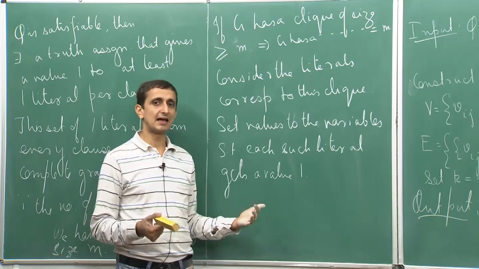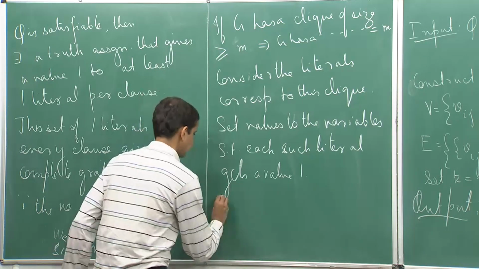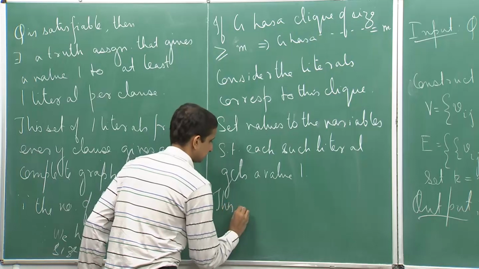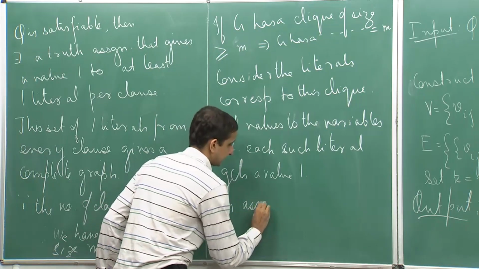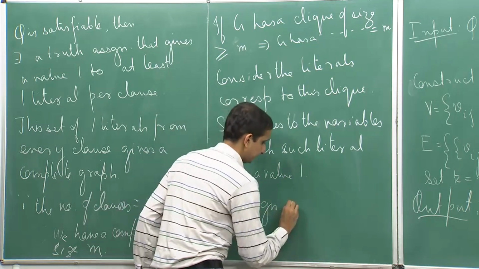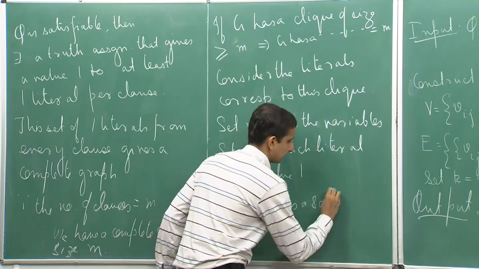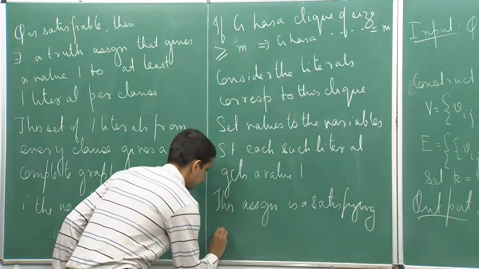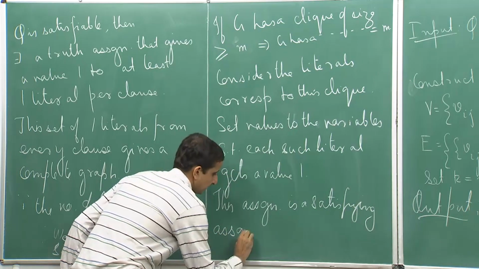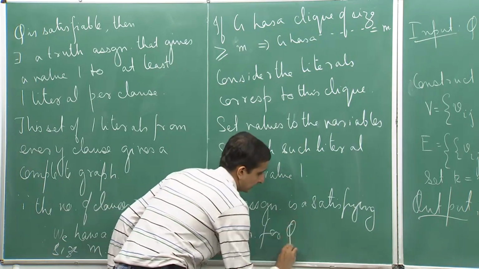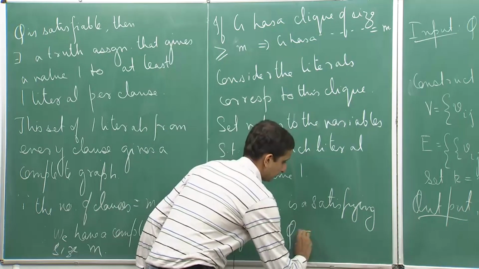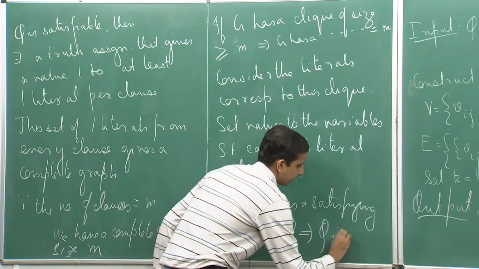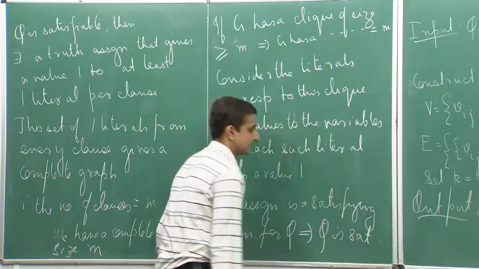And this truth assignment is a satisfying assignment for phi, which implies that phi is satisfiable.